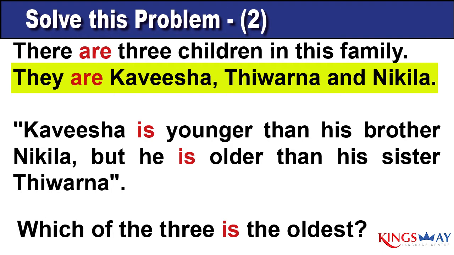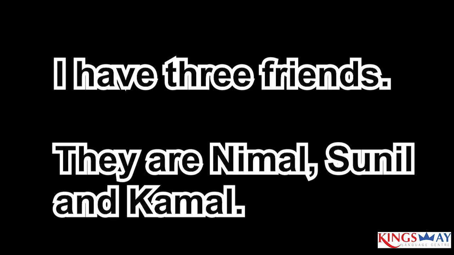I'll give you another example. I have 3 friends. Now I can say their names like this. They are Nimal, Sunil and Kamal. I hope you can also introduce your friends by using their names.